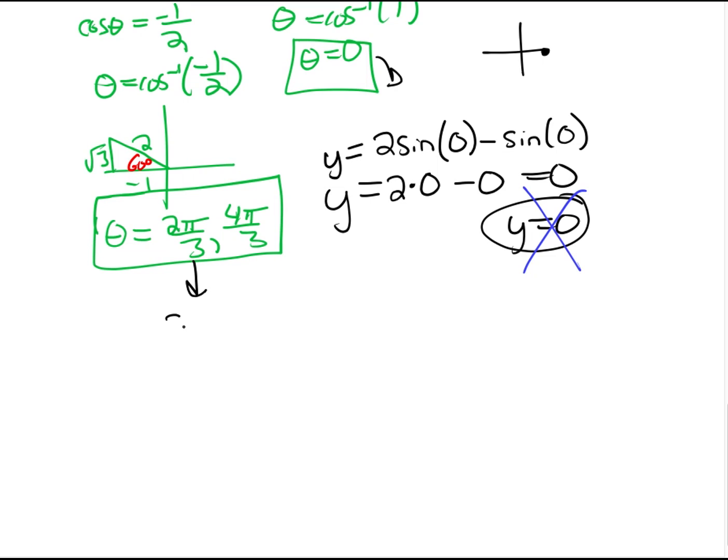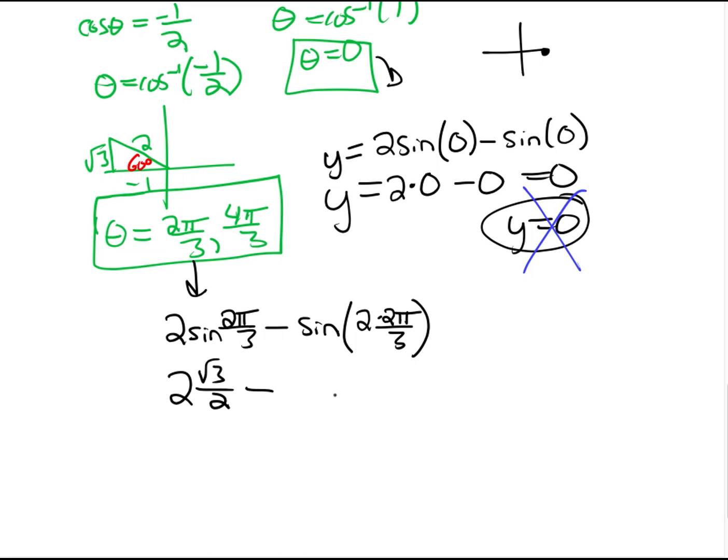So here we're going to have 2 sine of 2/3 pi minus sine, remember I changed it into 2 times 2/3, or 2 theta. So that's going to be 2 times the sine of this guy, which is root 3 over 2, right? And then minus the sine of 4 pi over 3, that's going to be down here, right?